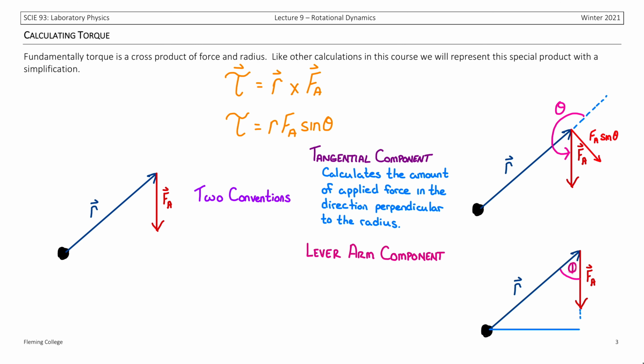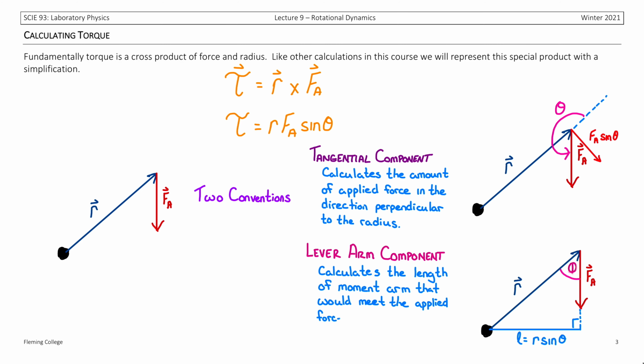Now, if you were to calculate the sine of phi and multiply that by the radius component, then that would give you the amount of the radius that is perpendicular to the force applied. No matter which of these two conventions you choose, the resulting torque calculation, or the magnitude of the torque, will be equal.